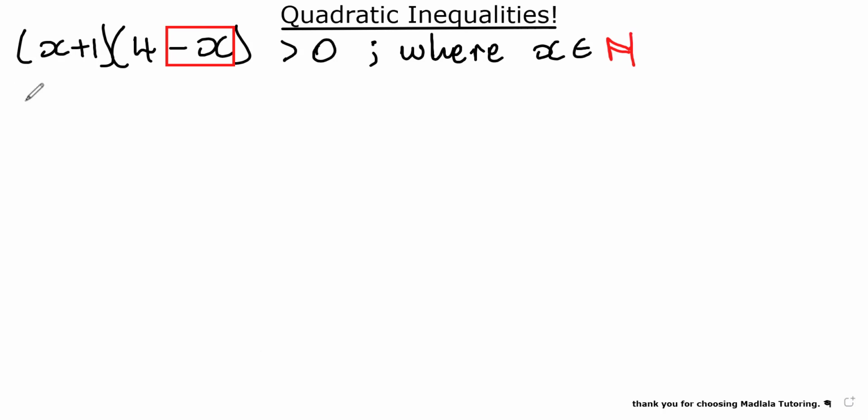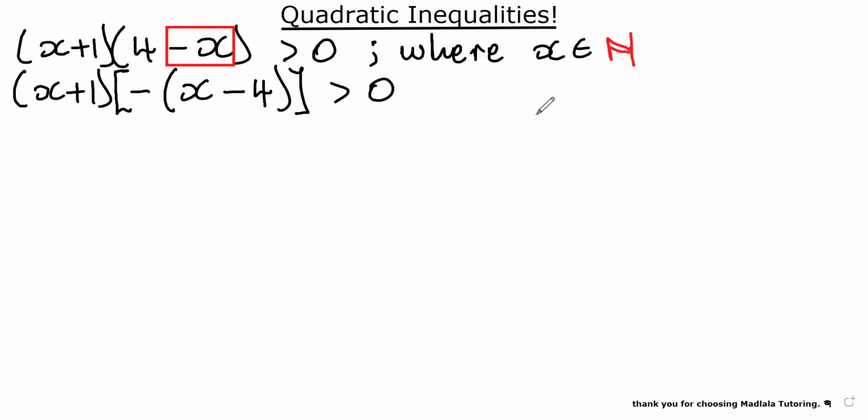You still write your x plus 1 there, but when it comes to this 4 minus x, you're going to take negative out as the highest common factor so that x is now positive and 4 is now negative. And of course, the result is still greater than 0. Do you see that? Then you can take this negative sign and put it outside of those two brackets.